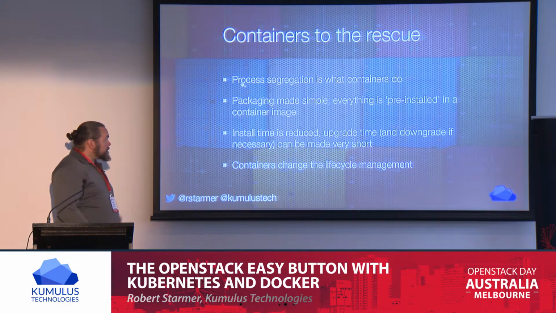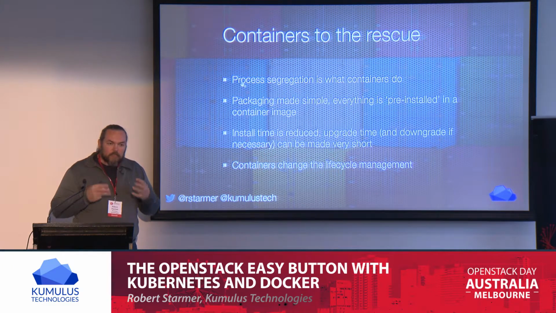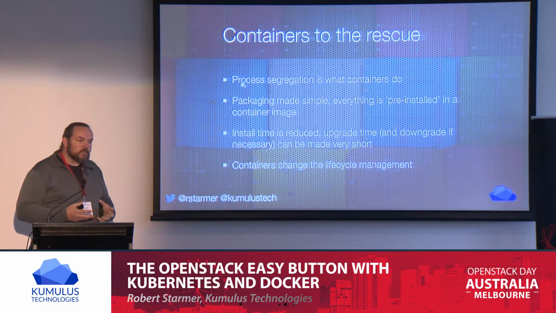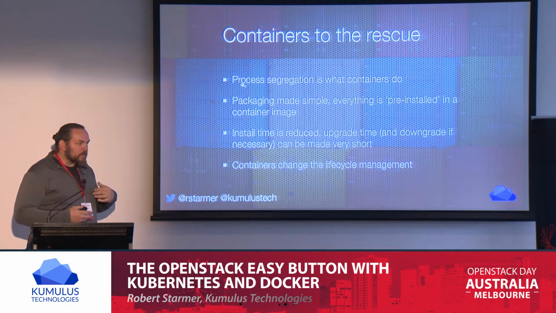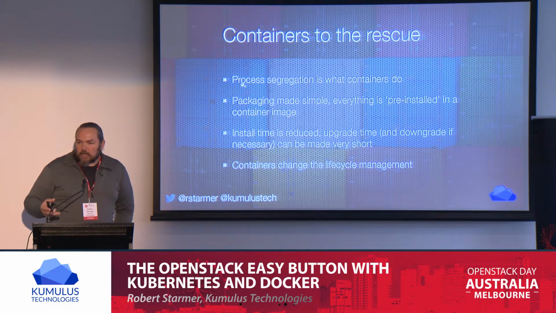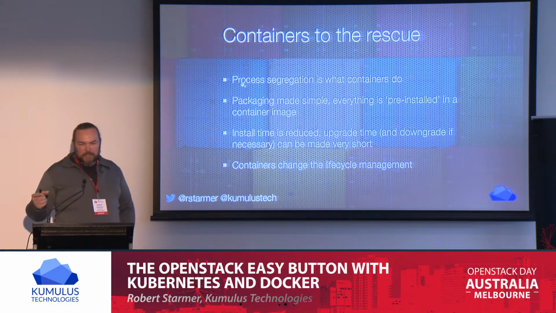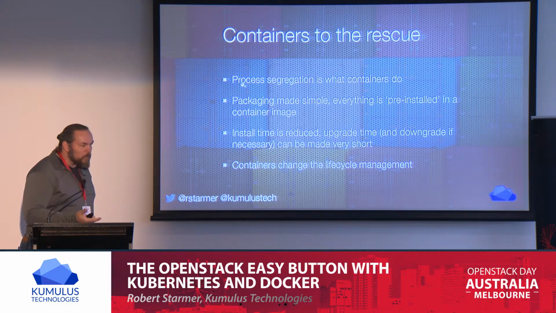So, containers, process segregation, right? This is really what containers do. And in doing that, they pull all of the pieces that I need for that particular process to run. Now, the model of containerization that I tend to use for OpenStack deployments is the Kolla model. So there's an OpenStack project, you know the project, but this is an infrastructure project rather than a tool that you would deploy. It's a tool that helps you deploy.